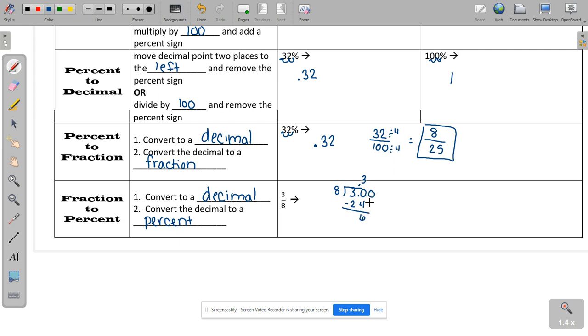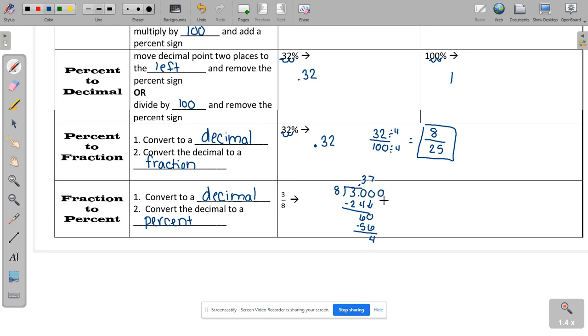Add a 0 and bring it down. 8 goes into 60 7 times. 7 times 8 gives us 56. Subtract, and we get 4.